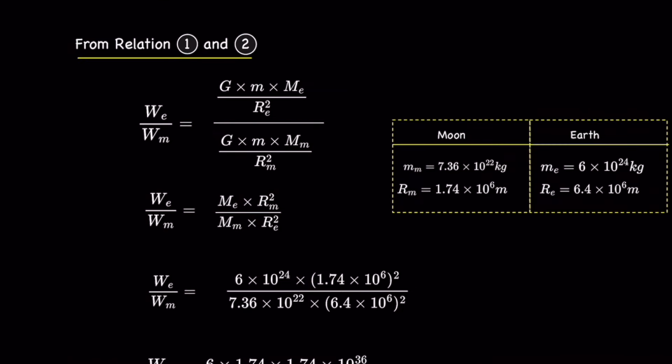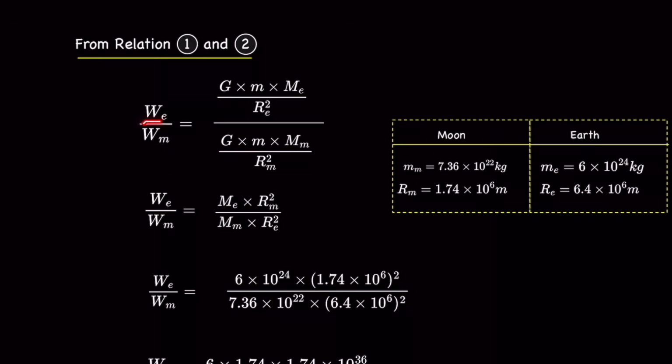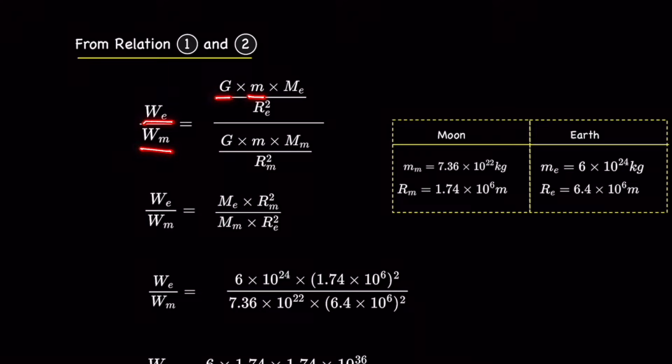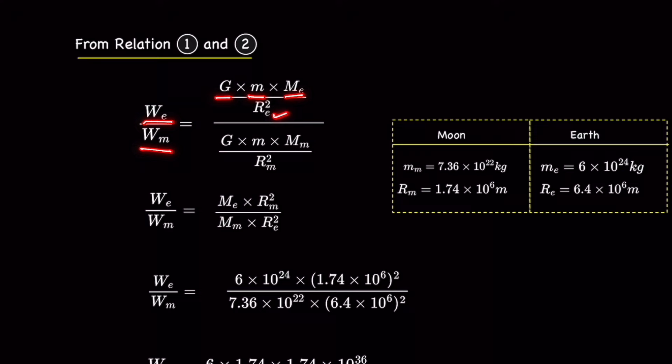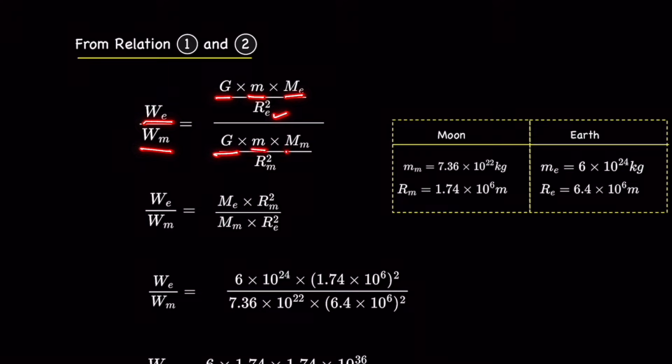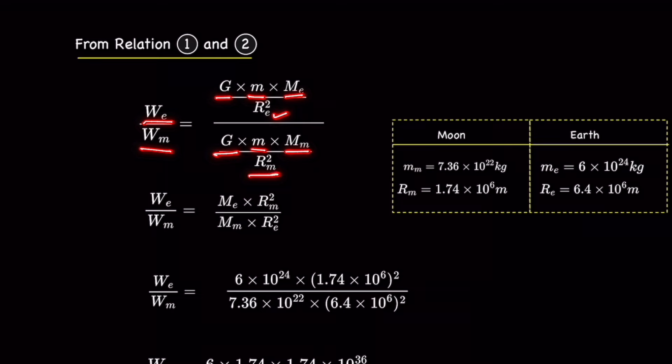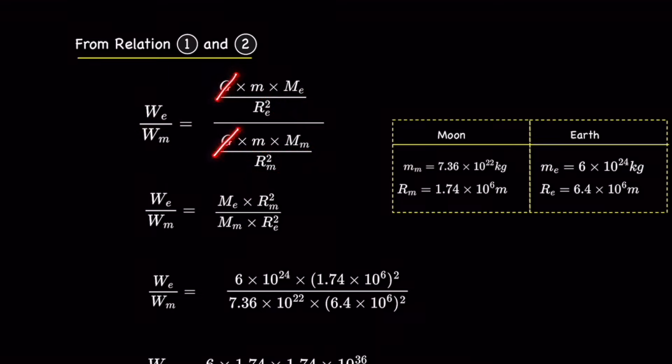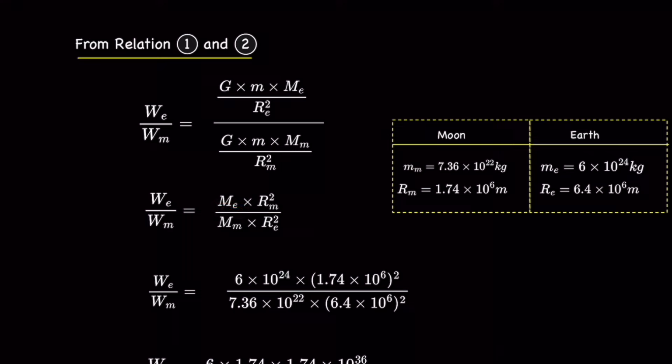From the first and second relations, WE by WM is equal to G m ME by RE square divided by G m, mass of the moon, divided by the square of the radius of the moon. Here capital G cancelled, small m cancelled. So WE by WM is equal to ME into RM square divided by MM into RE square.